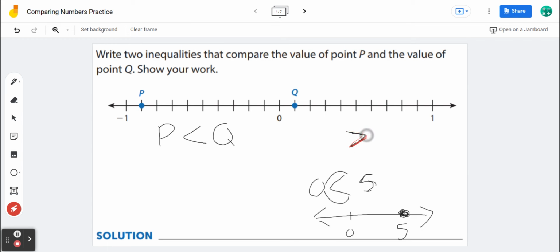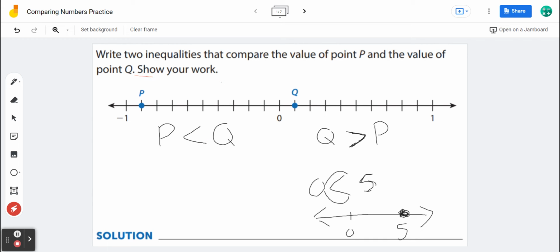This Pac-Man still wants to eat the point that's further right. Again, that's Q. That only leaves one option for P on the other side. So these are the two inequalities we can write.